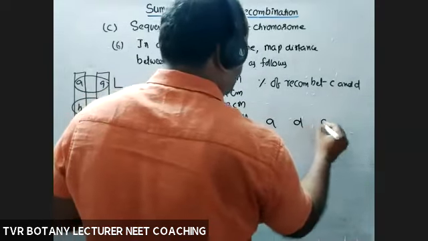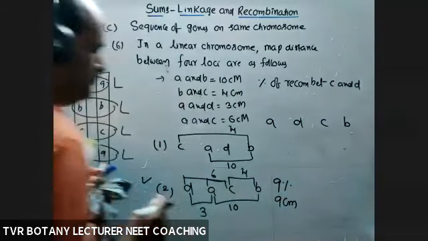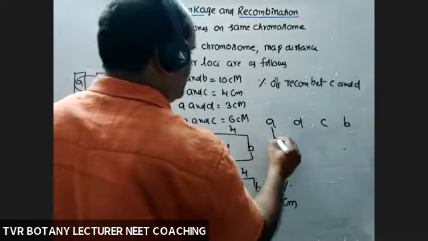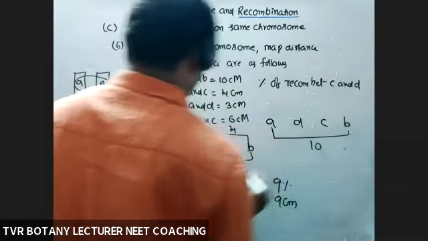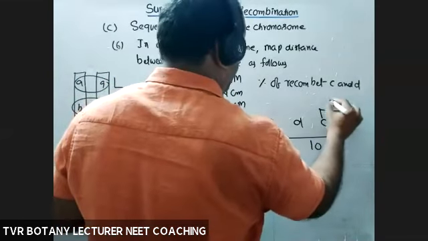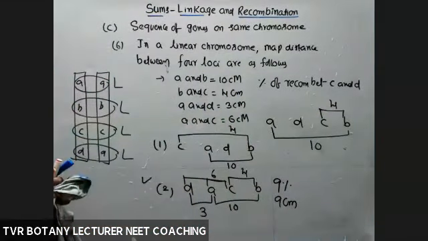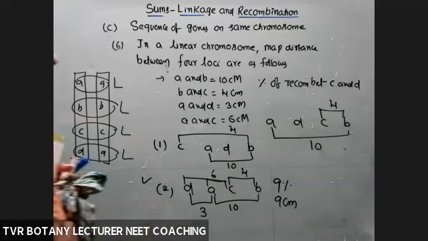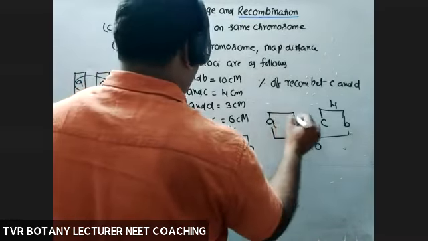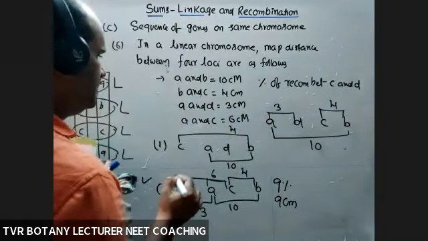A, D, C, B. We will try this one. A and B, 10. BC 4. Already completed? No, not completed. A and D, 3.